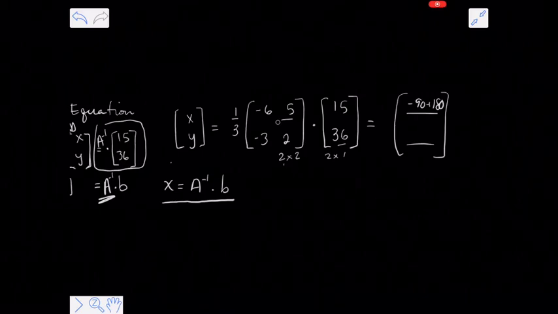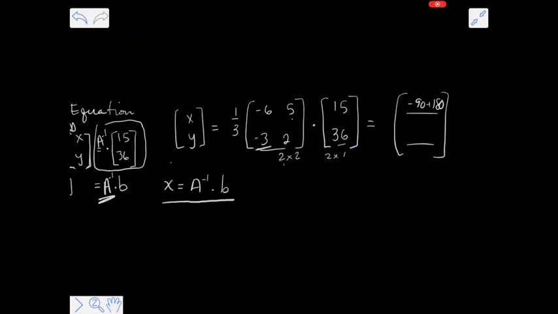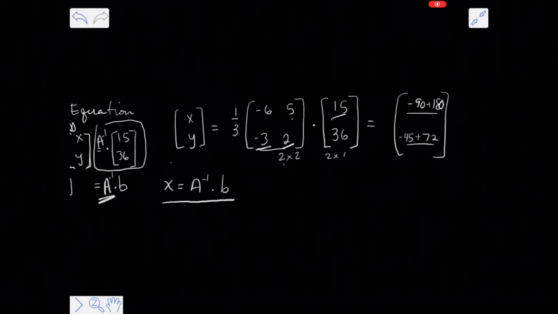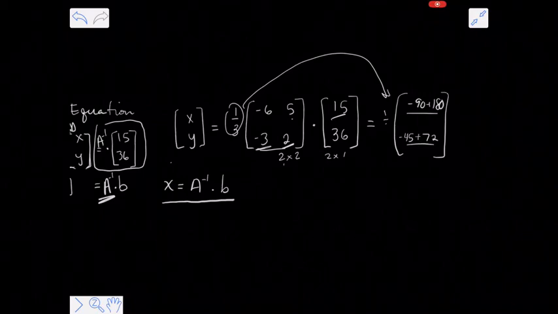Okay, now we move down to the second row, and that goes down the column, so -3 times 15 is -45, and then 2 times 36 is 72. And then we have this 1/3 right there.